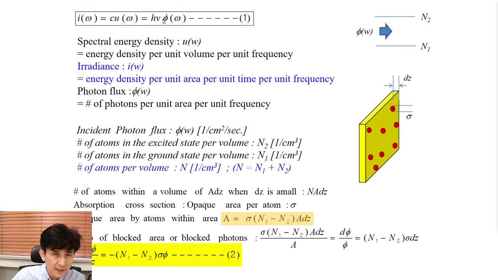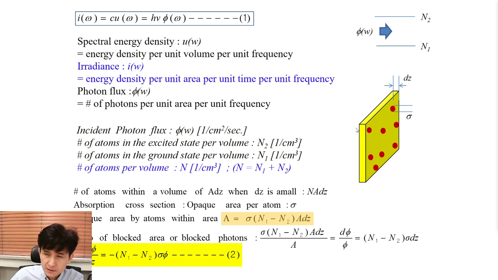As each photon has energy h times nu, we can replace I with h nu times the number of photons per area, or photon flux. So we'll use phi instead of I or u in the radiation. So replace u or I by using phi.